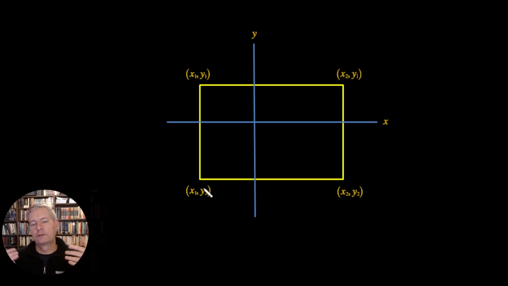So we're just going to use the Bresenham's algorithm 4 times with 4 different sets of starting points and ending points. And of course we're going to put in the colour as well. So it's relatively straightforward. Let's have a look at the code.